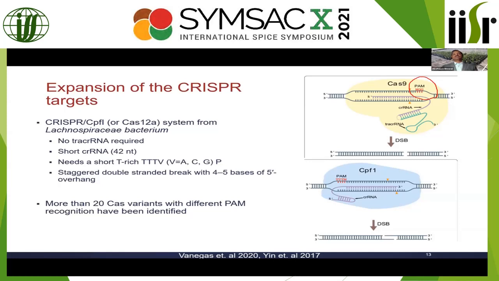That puts a restriction that your genes should have this near the spacer. Sometimes for some genes we don't get this. Cpf1 instead uses a PAM which is TTTN, so basically any gene which is AT rich, you can use this.